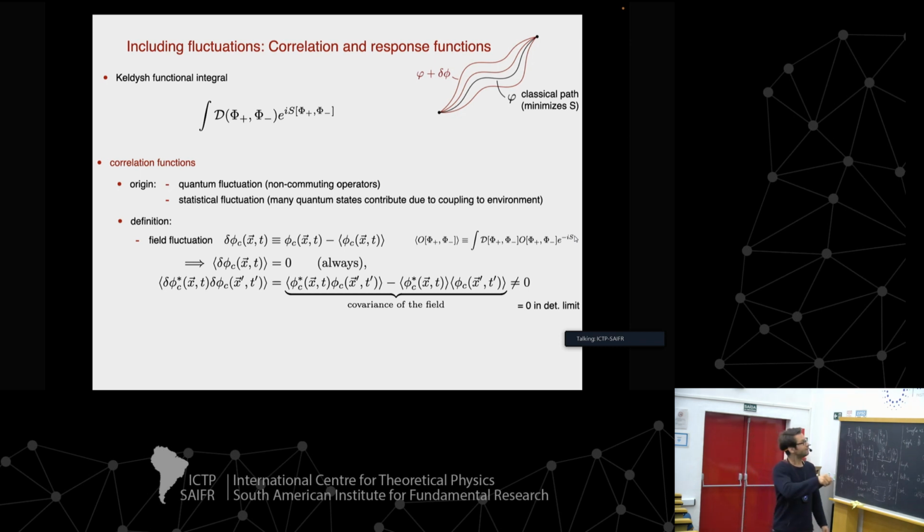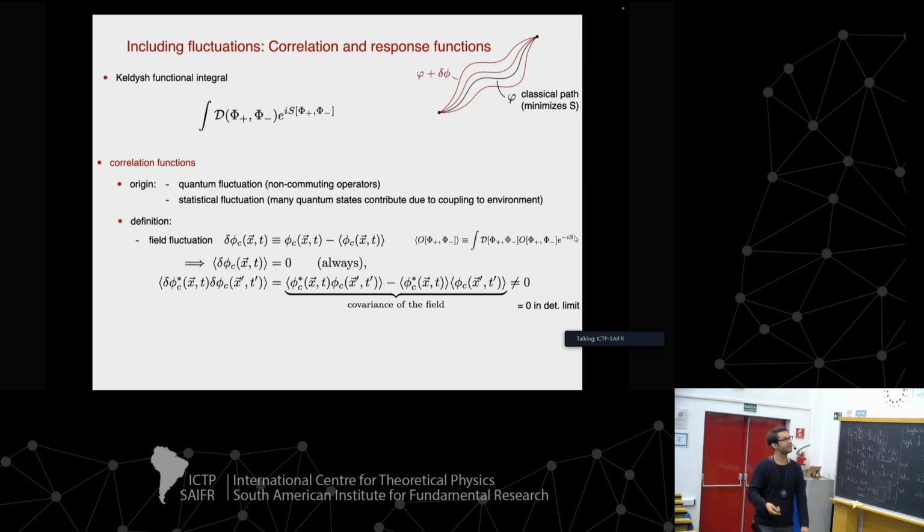However, if I look at the variance of this object here, the correlation function, the average of the product of these functions, then this can take a non-zero value, and it will do so the moment that in this configuration, phi here are deviations from the expectation value. So precisely in the deterministic limit, this correlation function vanishes, and that really tells you that it quantifies the amount of deviation from this deterministic path.